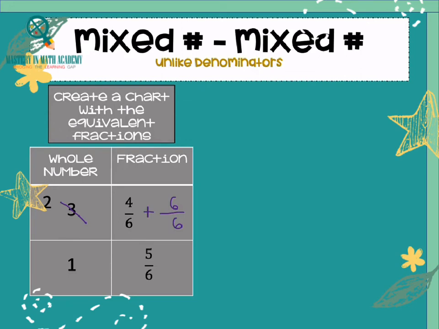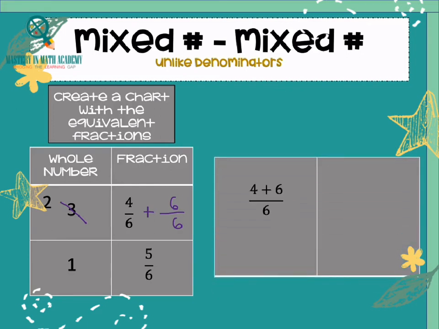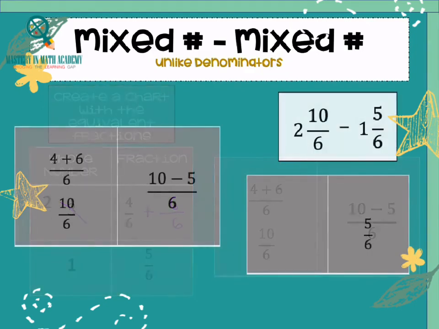And now we can add 4/6 and 6/6 together. 4/6 plus 6/6 is equal to 10/6. And yes, that is an improper fraction, but that is quite okay. That is fine, because we want to make sure that our numerator on the left is greater than our numerator on the right. Now we can subtract. You can take away 5 from 10 because that makes sense. Take away 5 from 10, you're left with 5/6.